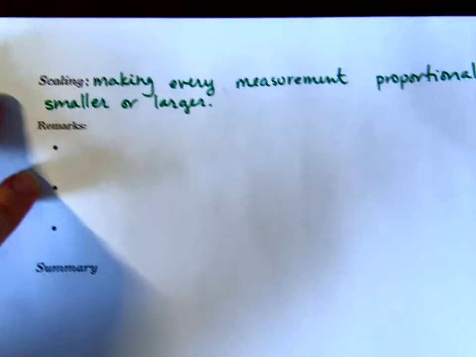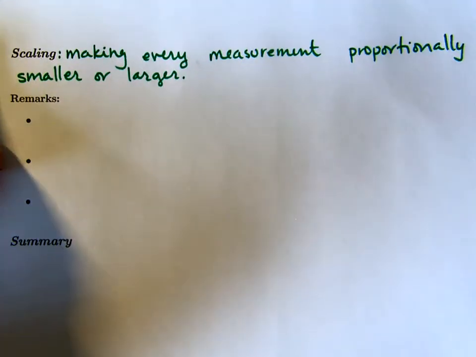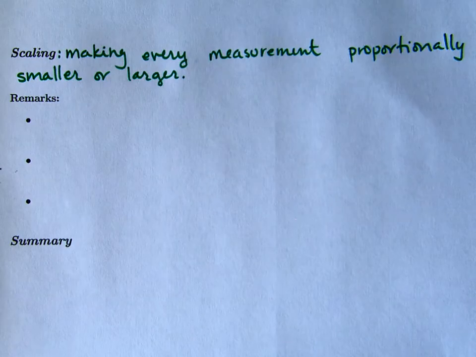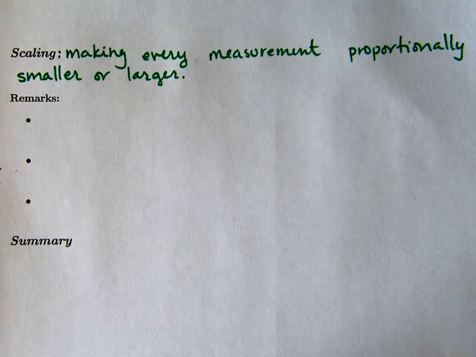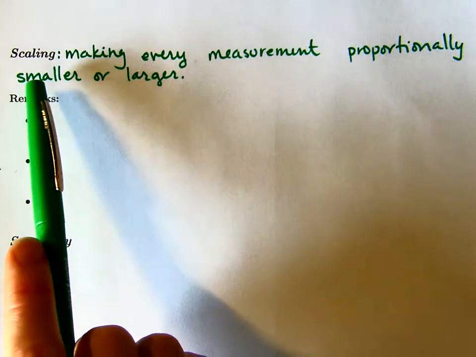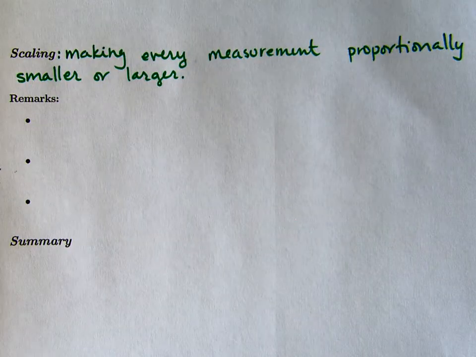If you're going to scale a picture, then not only should you scale the entire size of somebody's head, but you should scale their eyes too. Otherwise things get really weird. So make sure when we're scaling something, every measurement is proportionally smaller or larger.